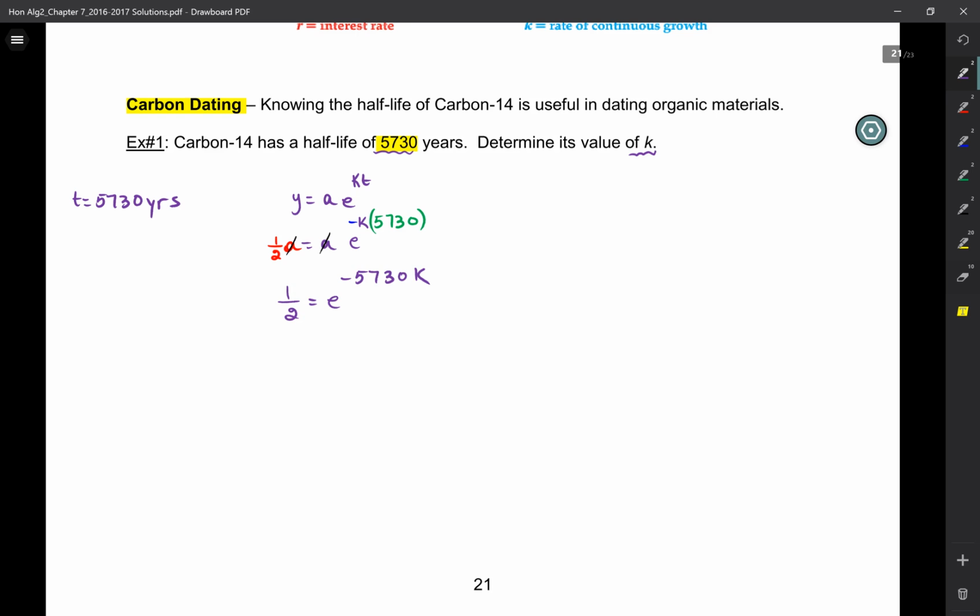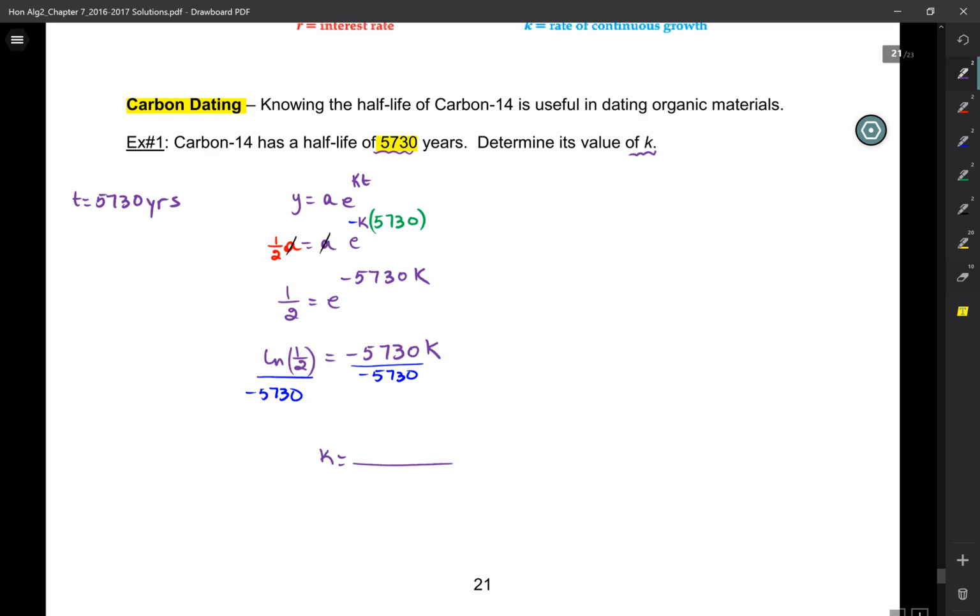Right? ln, so that's log base e, ln of 1/2 is equal to the exponent. And now how am I going to solve for k? Divide. So k is what? It's ln of half over negative 5,730.